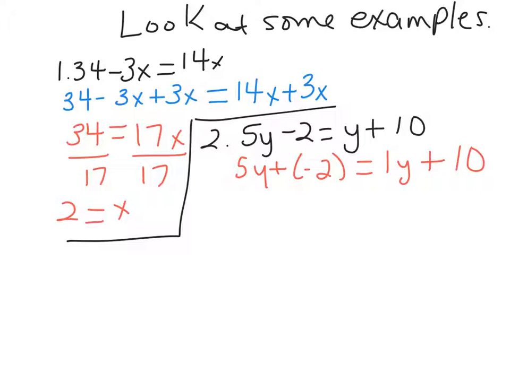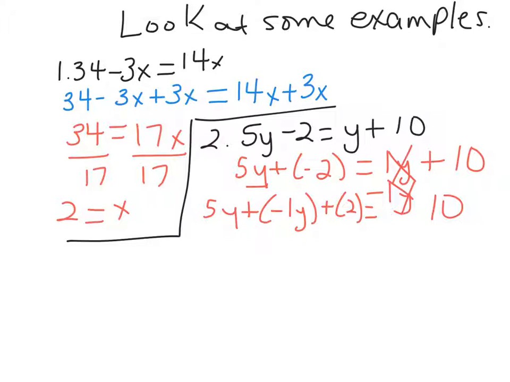We can see that the left side has the bigger coefficient, so we will get rid of the 1y over here, and that leaves us with 5y plus negative y plus negative 2. Equal sign, that is eliminated, so we just have the 10.